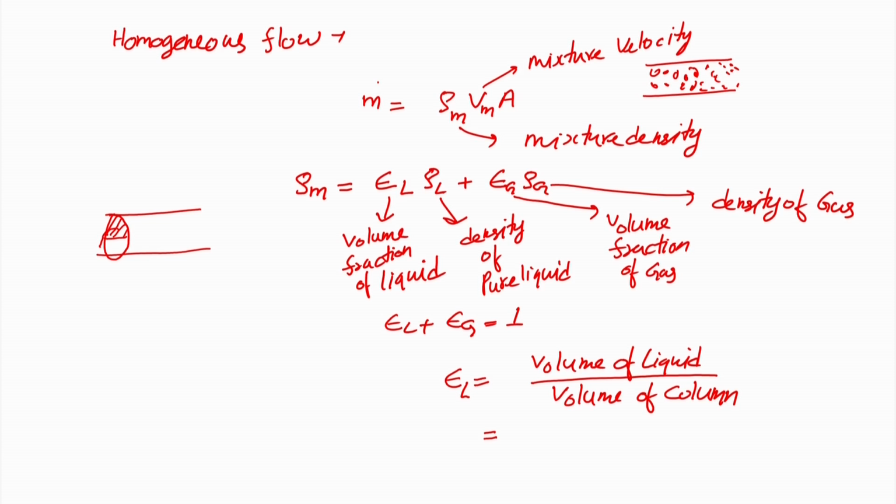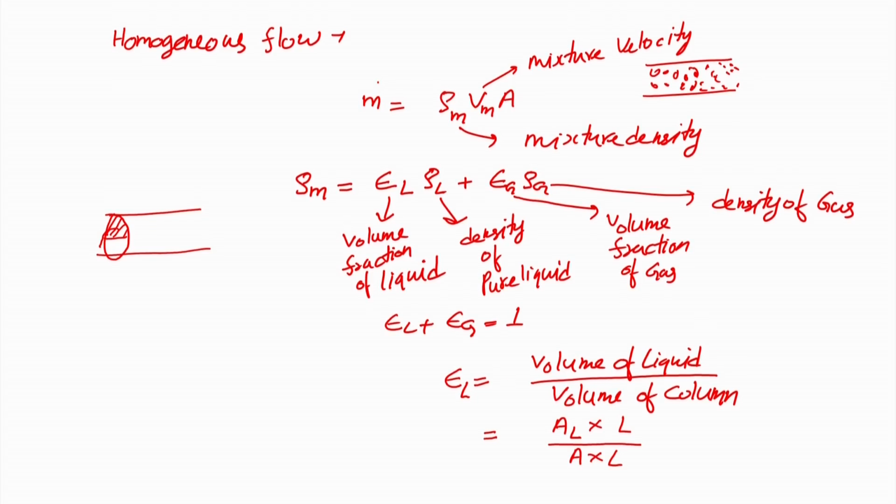So, to simplify, I can say this is AL, the area of liquid which has been occupied, multiplied by the length of the pipeline, divided by the total volume, which will be the cross sectional area into L. Because they are homogeneously mixed, I am assuming that a particular area fraction in the pipeline has been occupied by the liquid, and that remains the same throughout the length of the reactor. So, this will be AL into L.